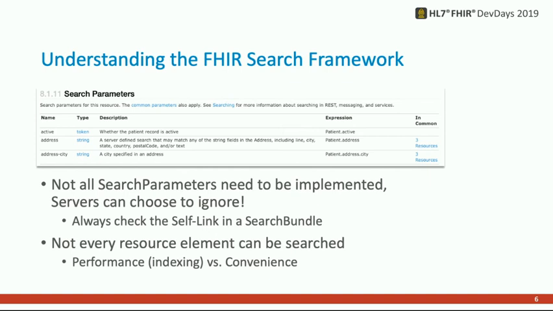And for every one of these search parameters, you need to have an index ready in order to performantly search on that search parameter. And so the index can grow quite hugely. And so to give you a bit of flexibility here, FHIR says that you don't need to implement them and leaves that up to the FHIR server.